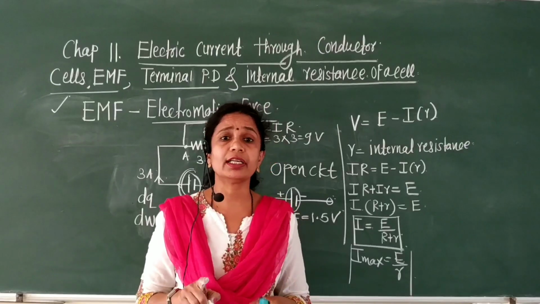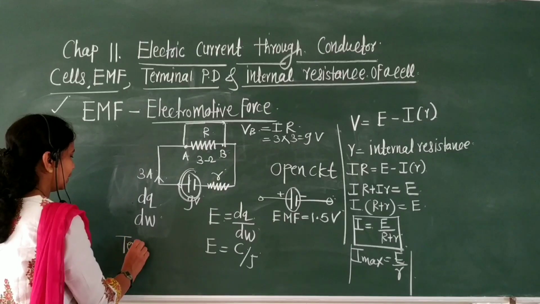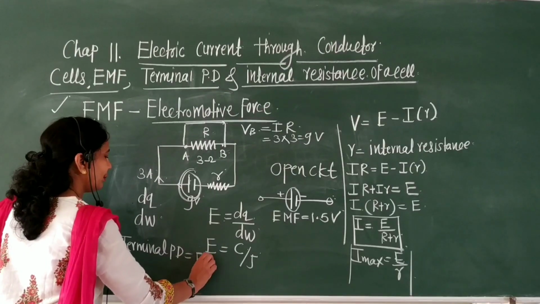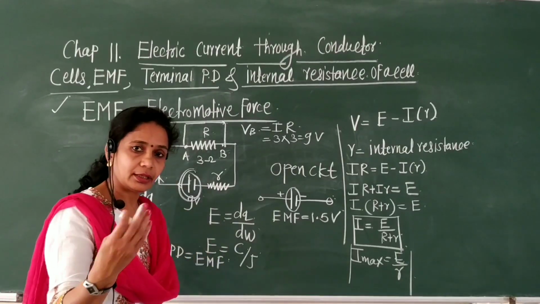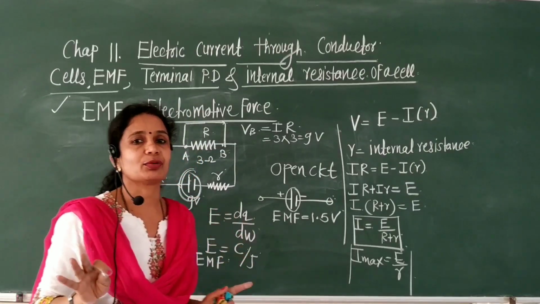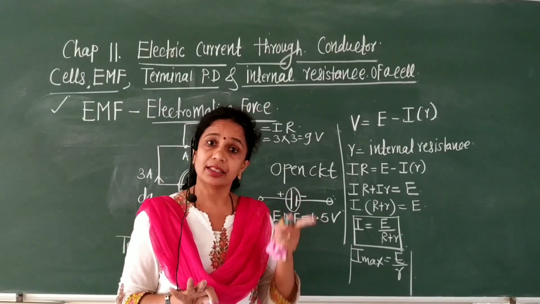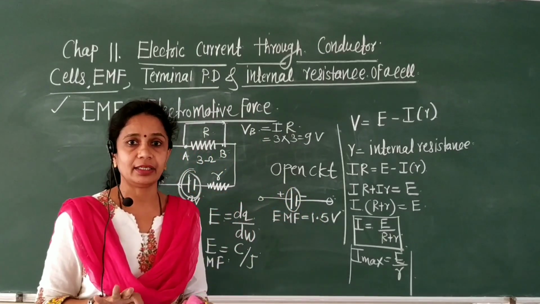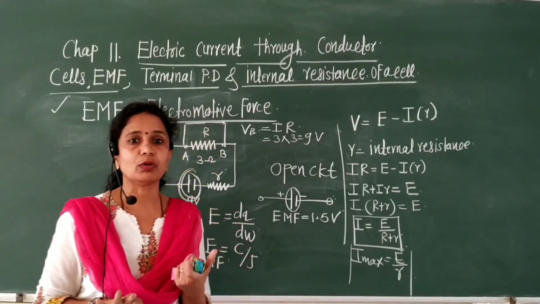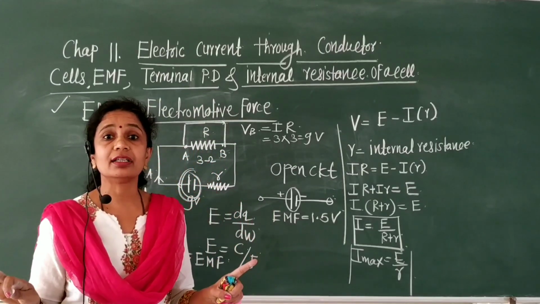If the cell is not connected in a circuit, then its terminal PD is equal to the EMF of the cell. That means if the EMF of the battery cell is 1.5, then the terminal PD is always equal to 1.5 volt. But if the cell is connected in a circuit, then its terminal PD is equal to the total PD in an external circuit.